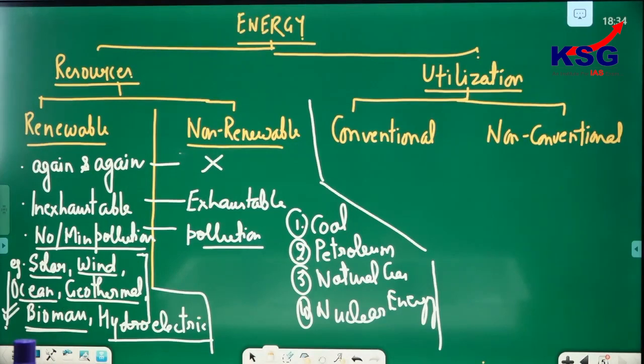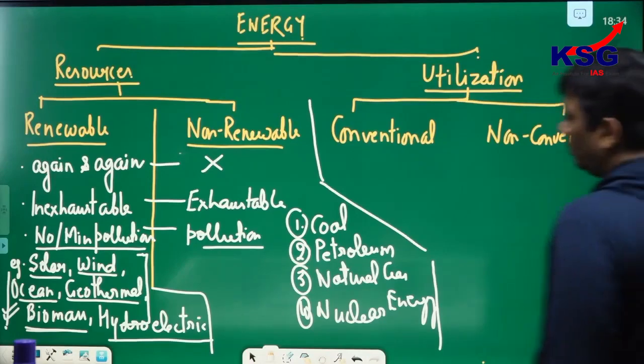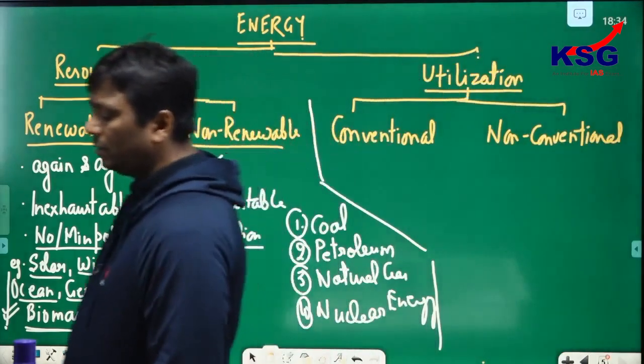Number 3, natural gases. Number 4, nuclear energy. And these are in this order also, guys. So coal, petroleum, natural gas and nuclear energy.